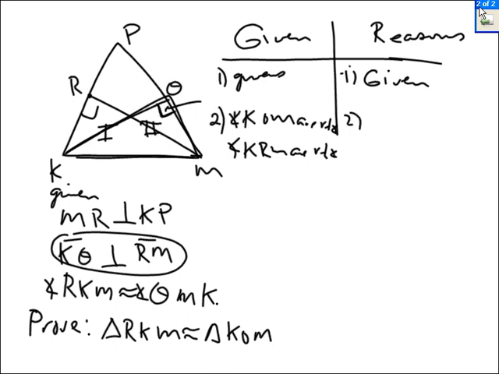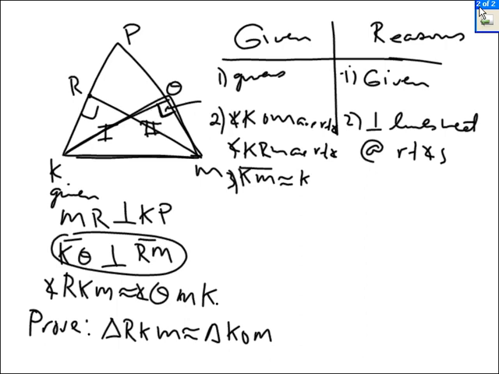And the reason is perpendicular lines meet at right angles. So those angles are the same. And statement 3, line segment KM is congruent to line segment KM. And this is identity.